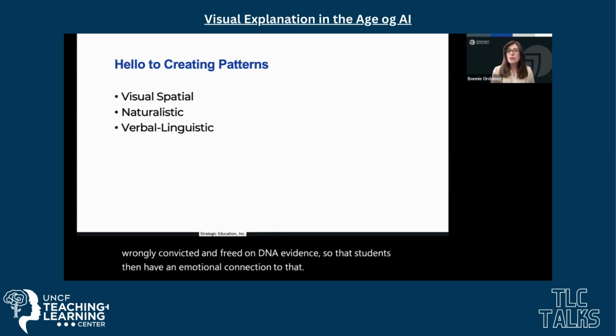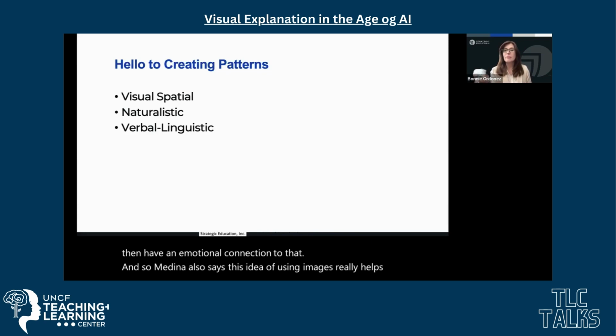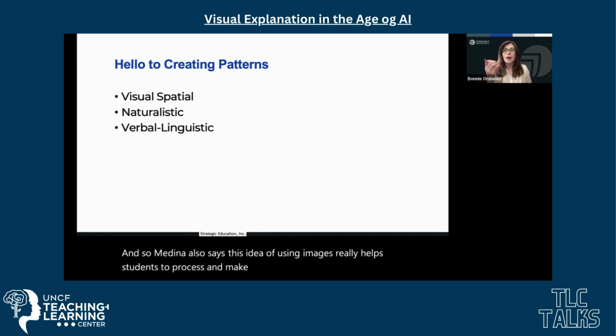And so Medina also says, this idea of using images really helps students to process and make connections in addition to reading, in addition to lecture, in addition to completing activities and hands-on things like that. So it's all part of a package.